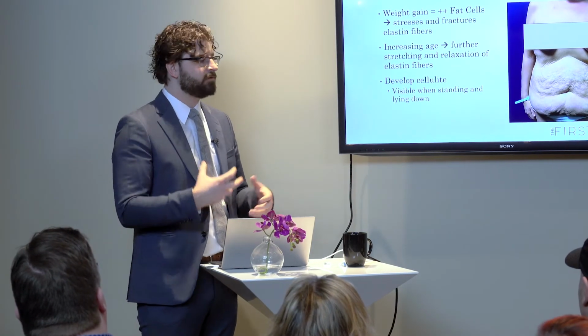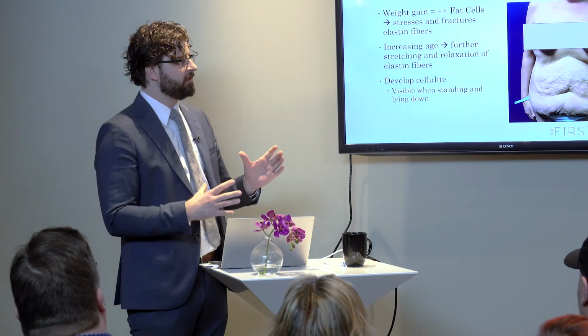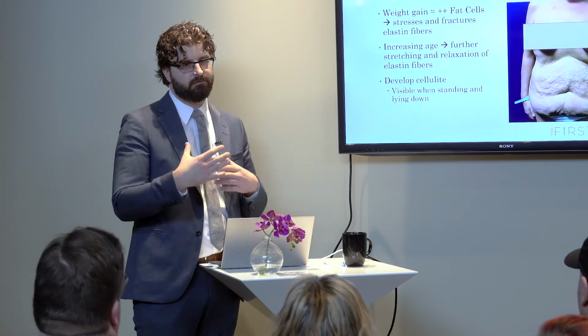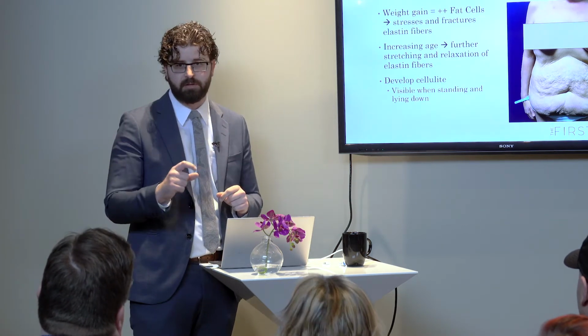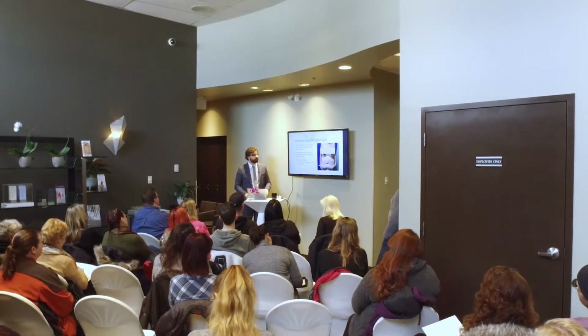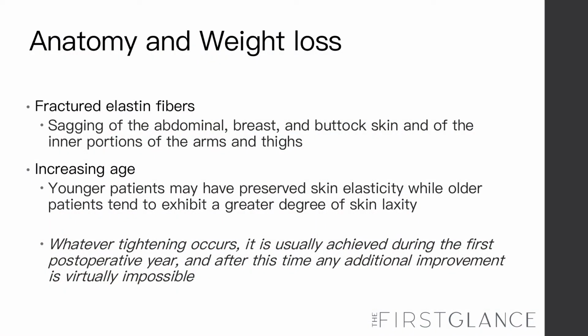On top of that, we also start seeing the development of cellulite. And cellulite is a whole unique entity that is a result of variations in the deposits of the fat in both that superficial and deep layer, and then tethering bands to the underlying muscular structures.